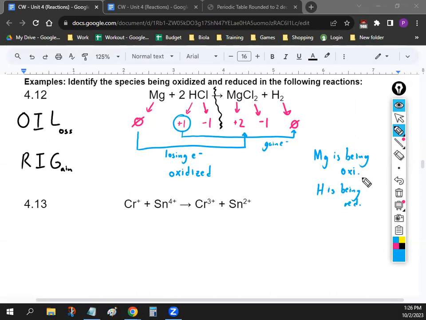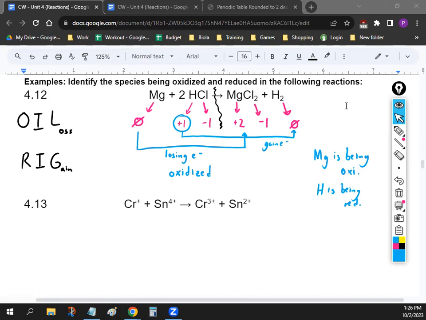Does that make sense, guys? So basically, magnesium is giving its electrons to hydrogen, and that's how the reaction takes place. That's why we talk about oxidation reduction. It's to show how the electrons move from compound to compound.